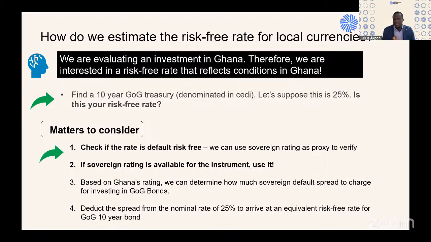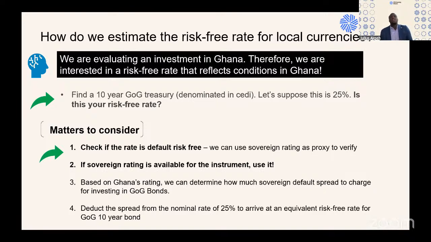And let me say something. When I say risk-free, I mean default risk-free or credit risk-free, not general risk-free, because default risk is not the only risk. That's why when we say a risk-free rate, there are still risks in it.